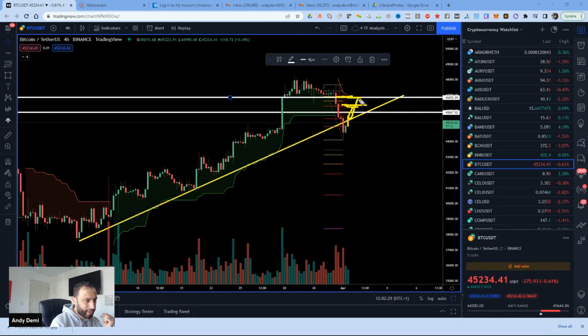So I think we can bounce and then potentially go back down. Now, if we go deep, typically, because it's a reversal, you could expect, so here, the yellow line, I'd expect it to go to here. That looks pretty good to me.